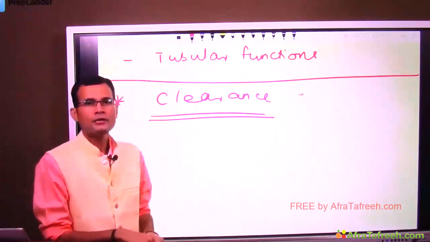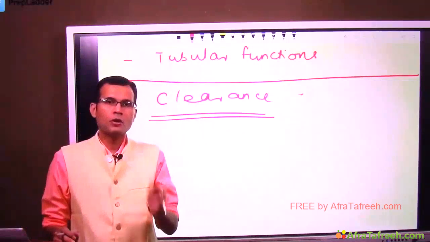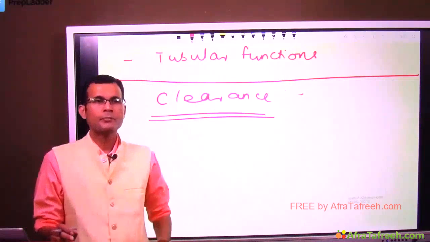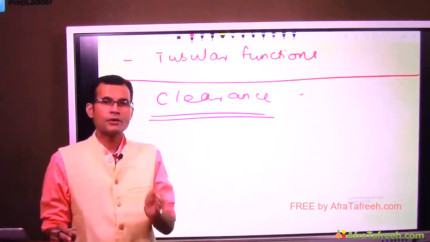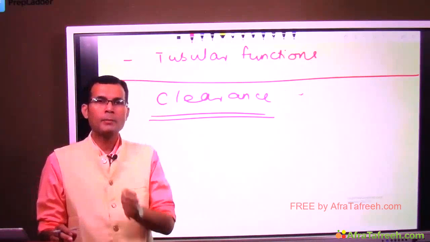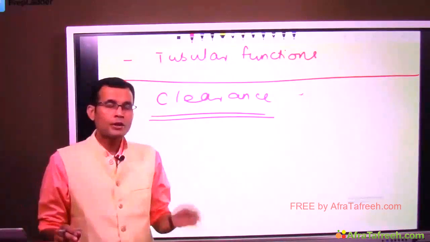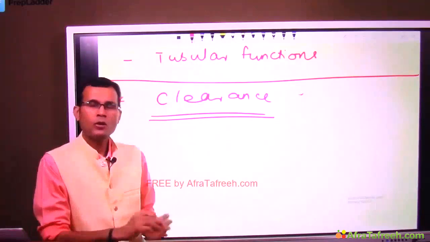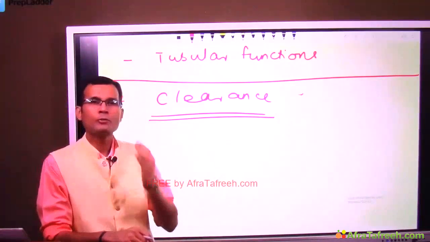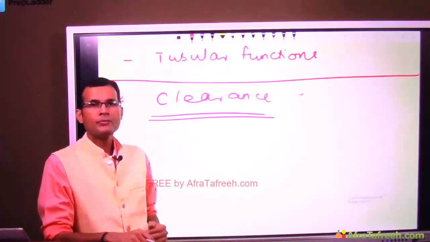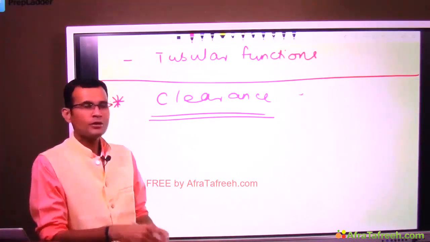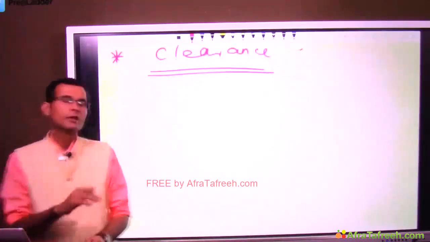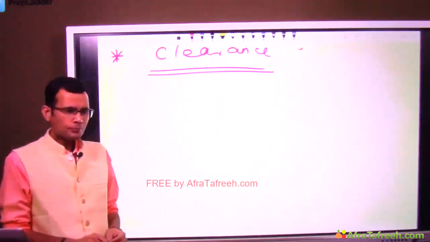And the options given are urinary concentration of a substance in milligram percent, or in milligram per ml, or in ml per minute, or urine volume, urine flow rate. So what is U and what is the unit for it? That's a question which has been asked. So let's understand the concept of clearance.